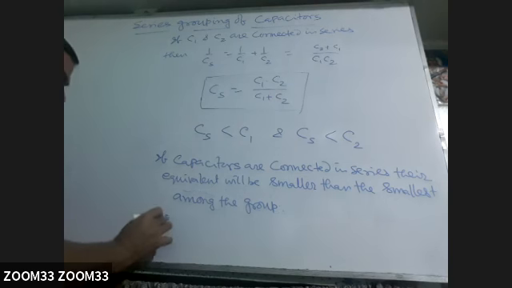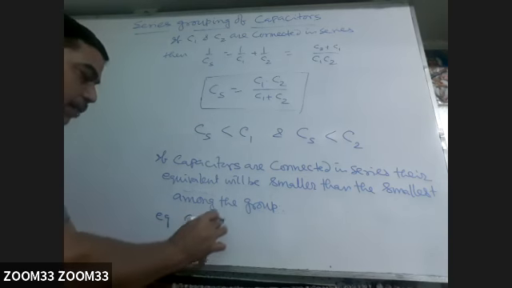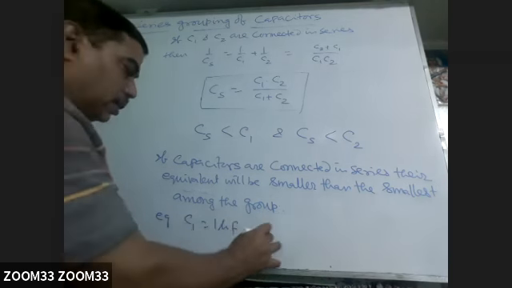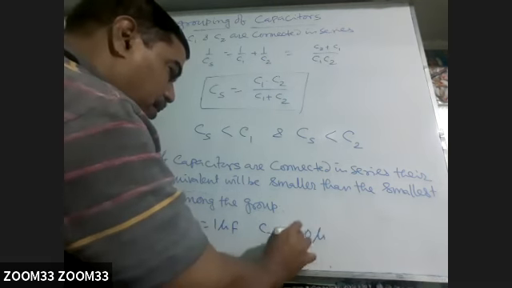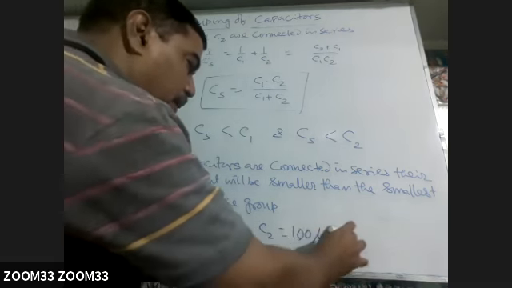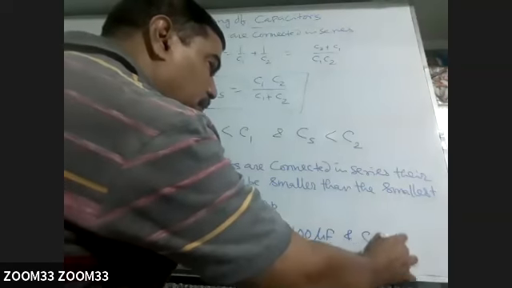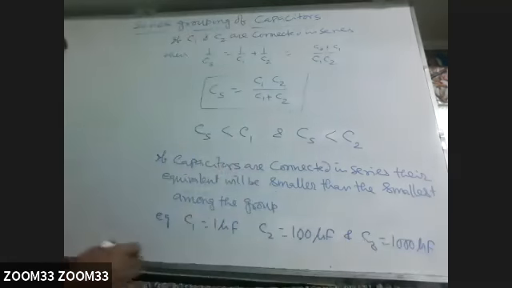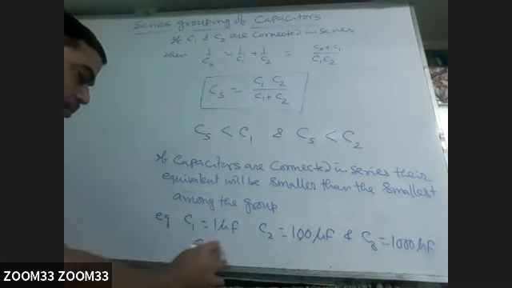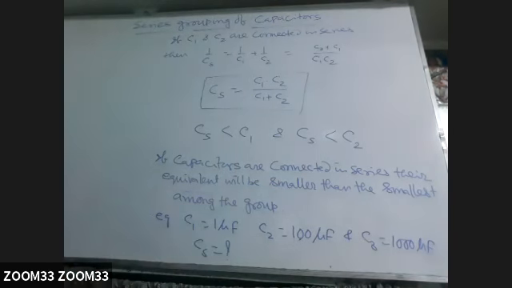For example, suppose C1 is 1 microfarad, C2 is 100 microfarad, and C3 is 1000 microfarad. What is the value of CS? Can you find?